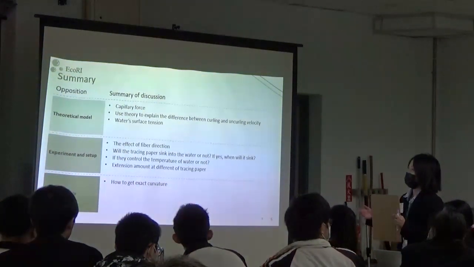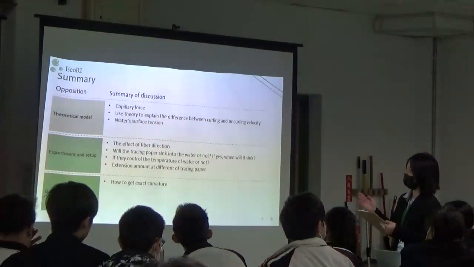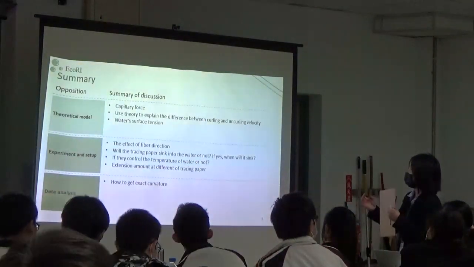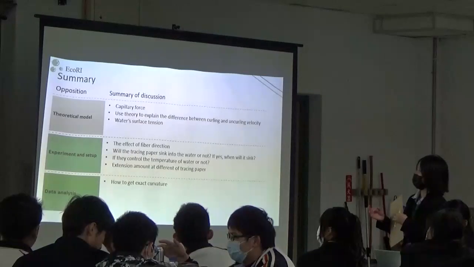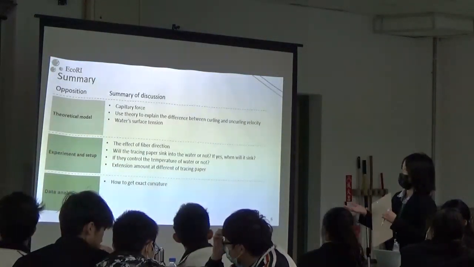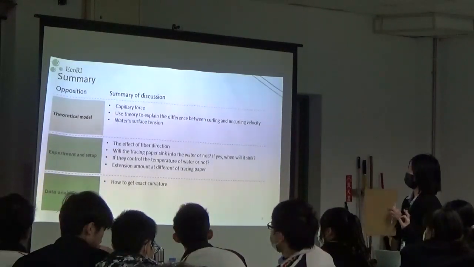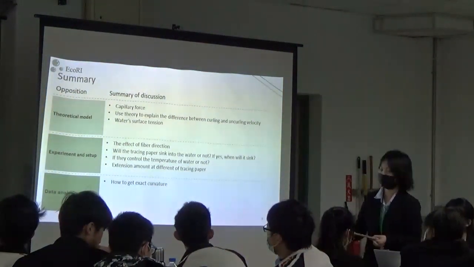And we discussed the bimetallic equation to explain why the curling and uncurling velocity become different. I think that is because the touching surface of the tracing paper on the water becomes smaller, so the penetration of the water will become slower. Okay, thank you.